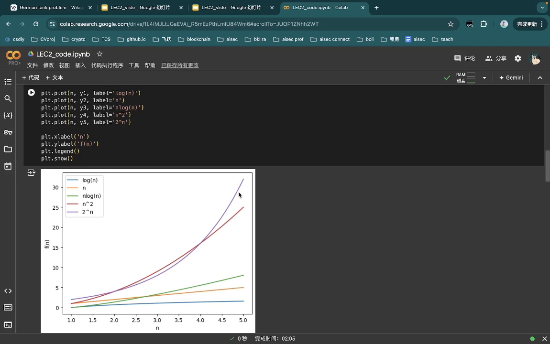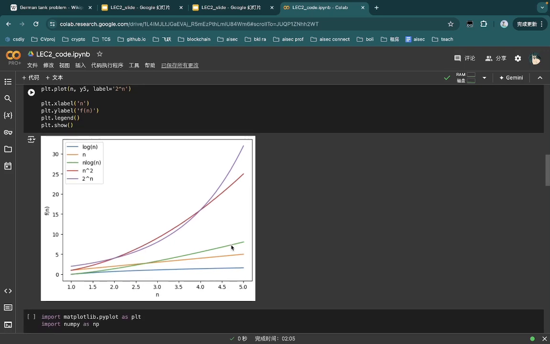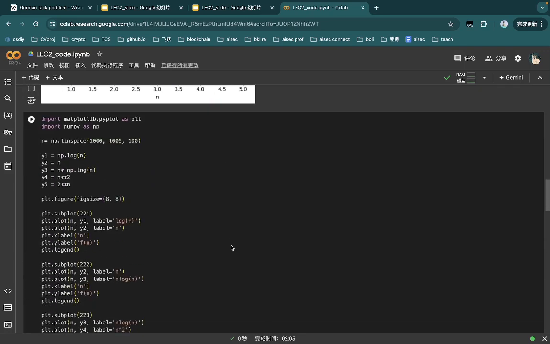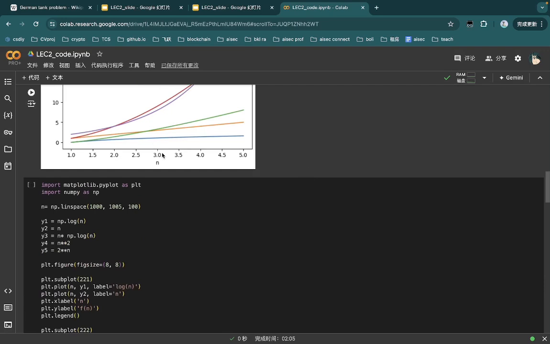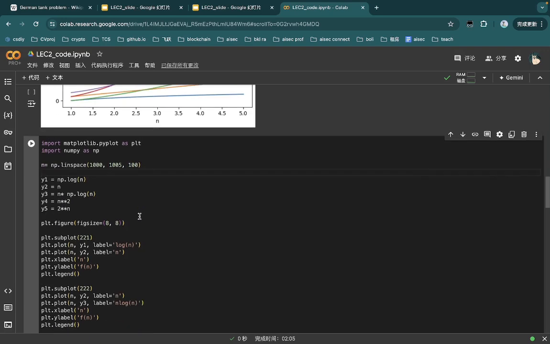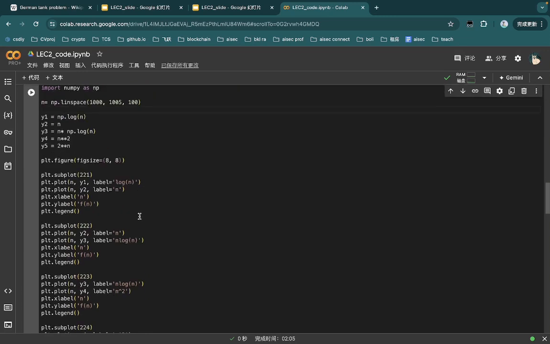And you can see that in the long run, maybe in the beginning they are almost the same, but in the long run they will have a very large gap in the runtime. So I'm showing you that when the x-axis, which is the n, goes from 1000 to 1005, and I pick 100 points to connect the dots to get the function line.